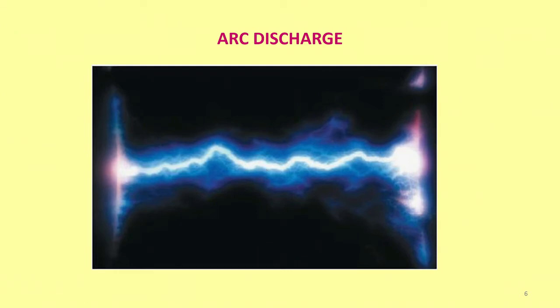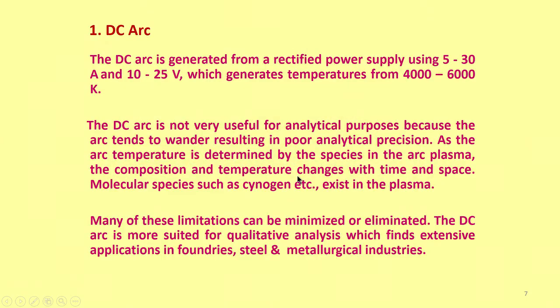So, you can see it comes out with a very high sound like trrrr, a fantastic sound it makes when the arc is being produced. So, there are different types of arcs which we use for generation. One is known as DC arc.